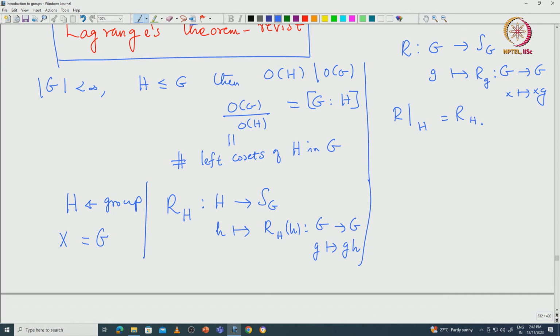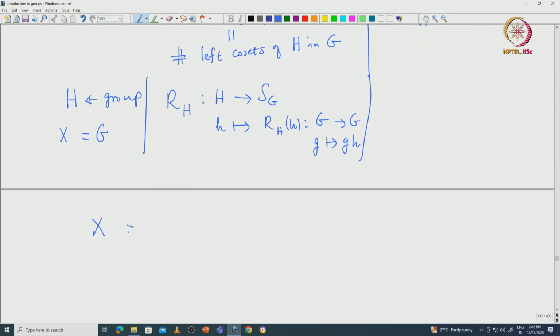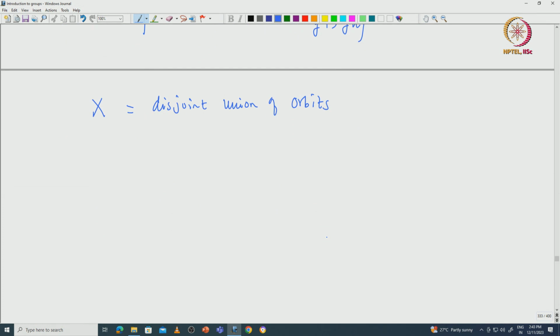So now you can see that X will be a disjoint union of orbits with respect to this action, okay. So let's look at the orbit. For example, the orbit of the identity is going to be all possible images of this identity, which is going to be eh, h in H.